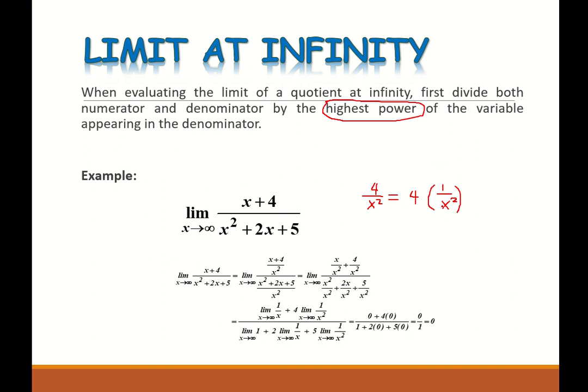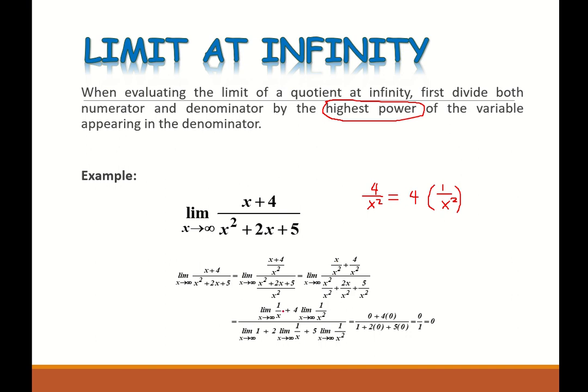So that's why we have here 4 times, and then you distribute the word limit. You take the individual limit of each term. So we have the limit of 1 over x, because x divided by x squared, your first term will be 1 over x.